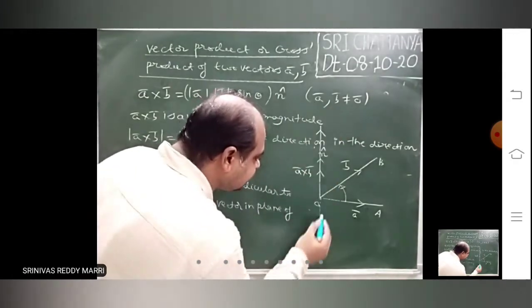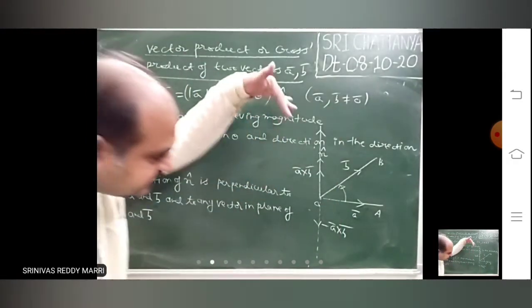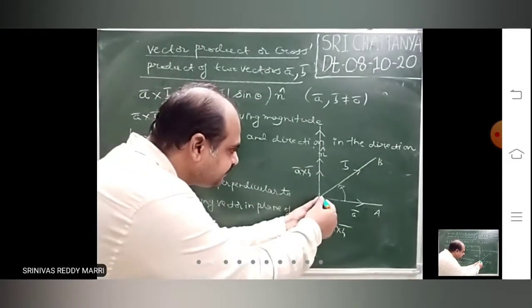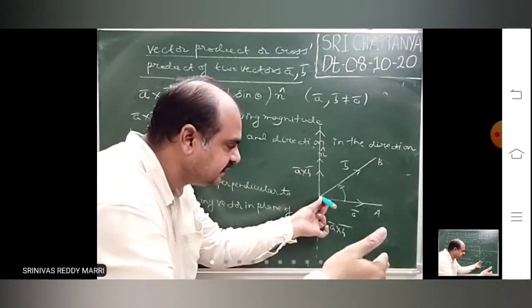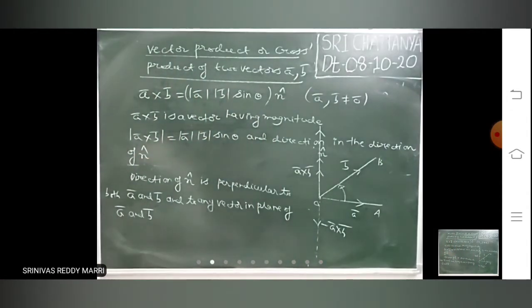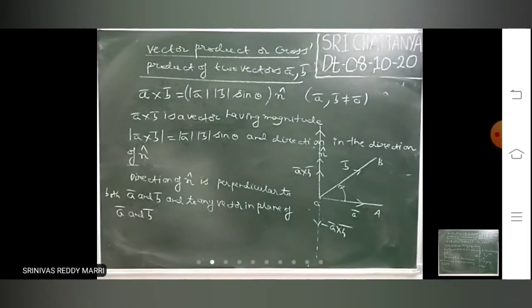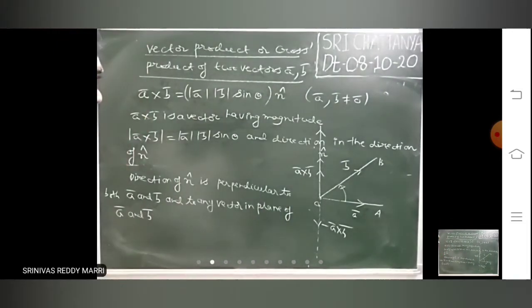Suppose if A cross B is in this direction, minus A cross B will be in this direction. A cross B is directed towards your face. Minus A cross B will be inwards to that direction. So any vector which is perpendicular to both A bar and B bar will be collinear with A cross B. That is very important point.